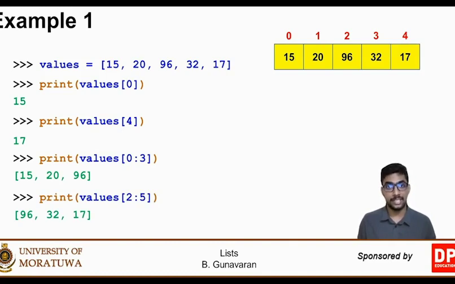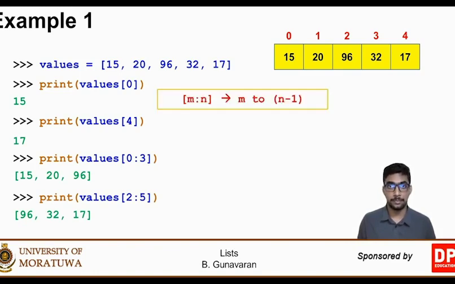Similarly, if the specified index range is from 2 to 5, it will output the values from 96 to 17, where 96 is at index 2 and 17 is at index 4. To generalize it, if the specified range of indices is from m to n, the values considered are from indices m to n minus 1.